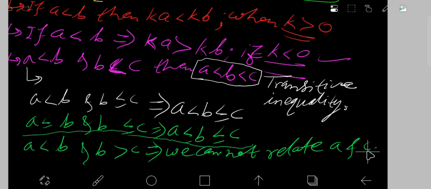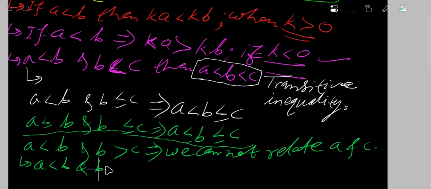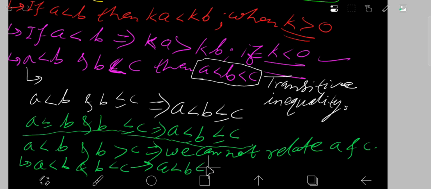We cannot compare them. Whereas if a is less than b and b is less than c, then we can compare this one.